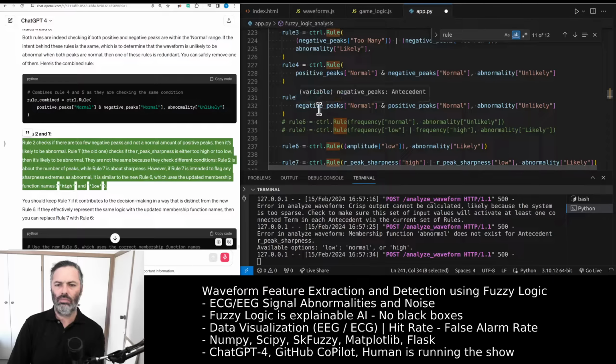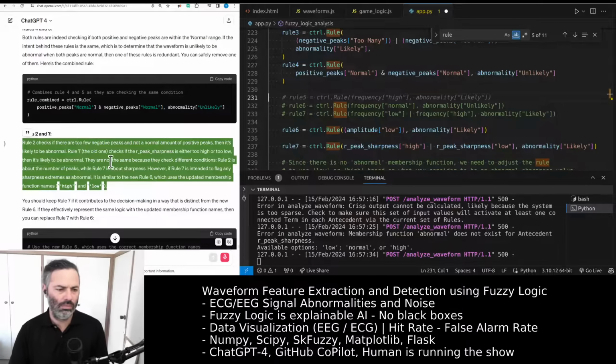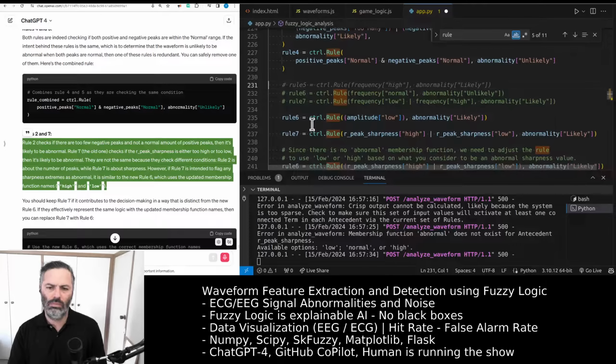Rule 2 checks if there are too few negative peaks and not a normal amount of positive peaks, then it's likely to be abnormal. Rule 7, the old one, checks if the R_peak_sharpness is either too high or too low, then it's likely to be abnormal. They're not the same because they check different conditions. Rule 2 is about the number of peaks, while Rule 7 is about sharpness. However, if Rule 7 is intended to flag any sharpness extremes as abnormal, it is similar to the new Rule 6, which uses the updated membership function names high and low.